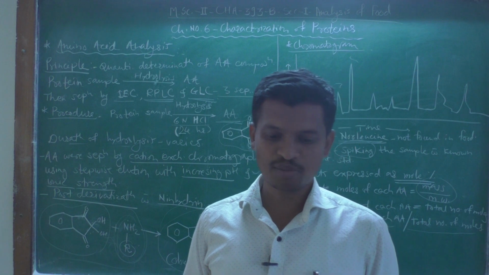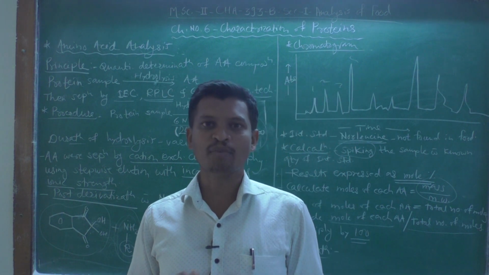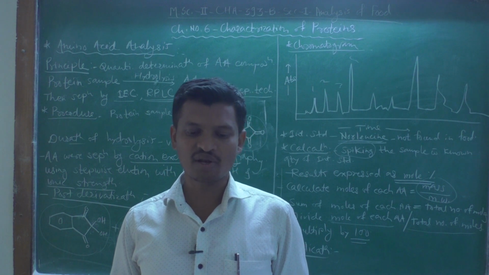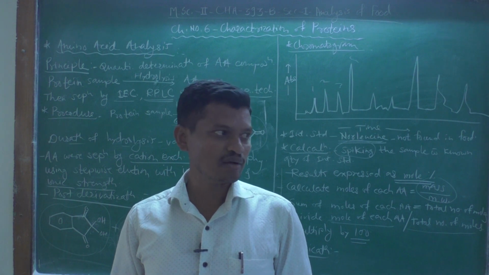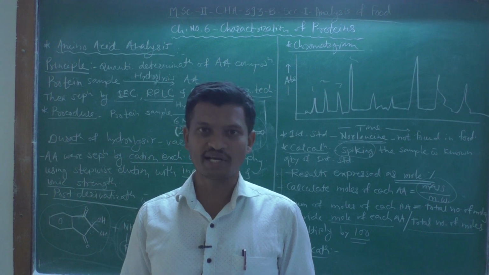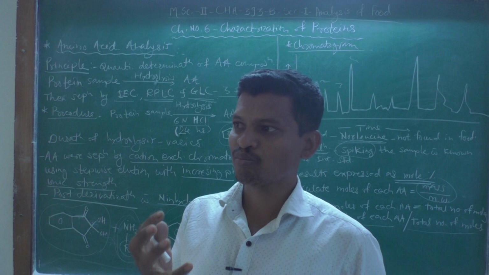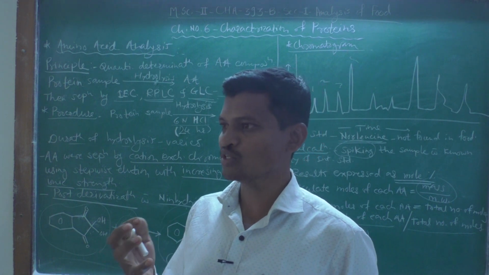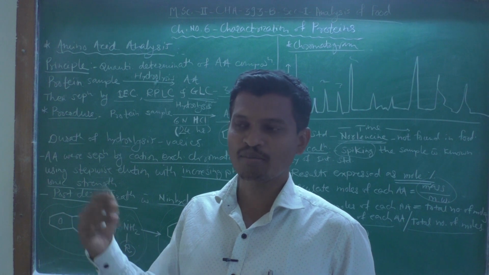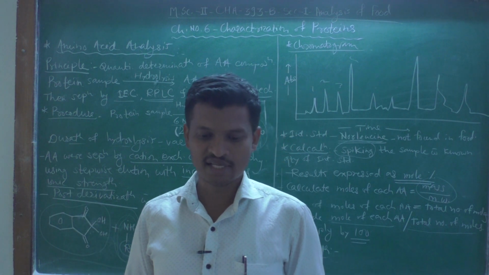Okay, then to determine quantities of essential amino acids, this analysis is used. Then to evaluate protein quality, so how much protein is present and how much of the different amino acids are present, can be obtained by this amino acid analysis.